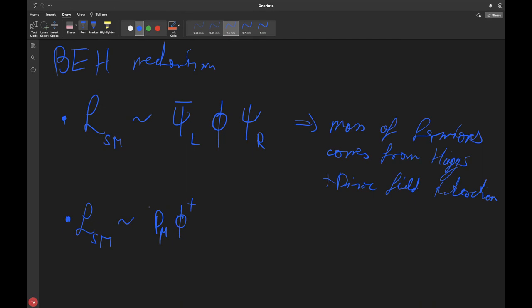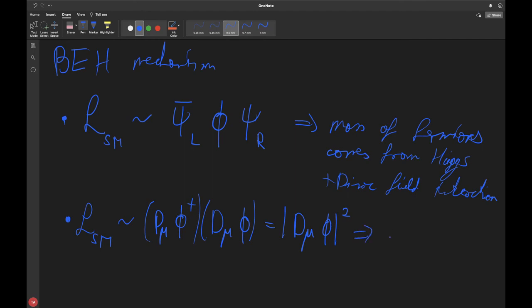We denote that as uppercase D mu phi dagger multiplied with D mu phi itself. So we can also say that this is something like the absolute value of D mu on the field.